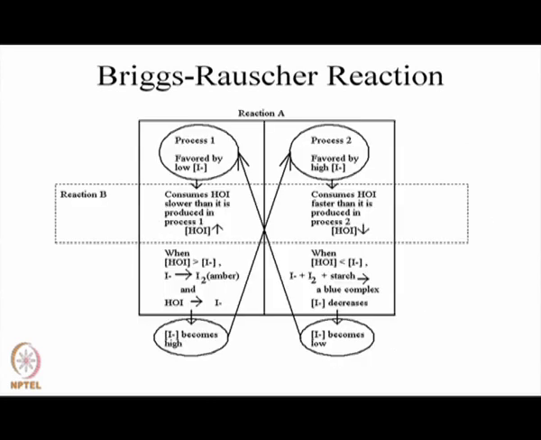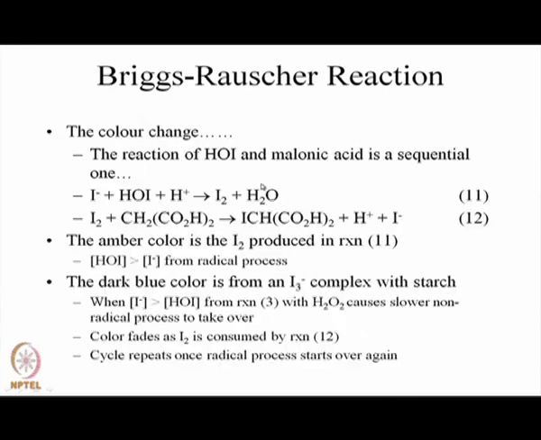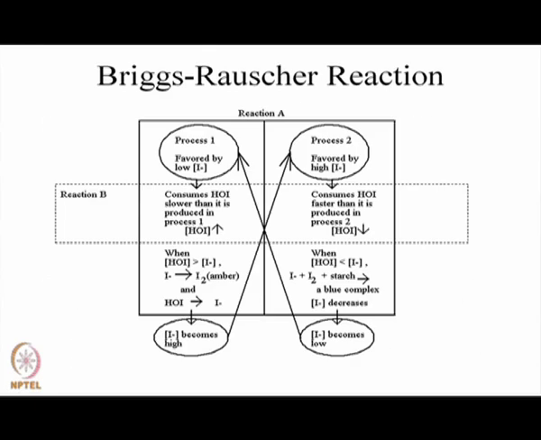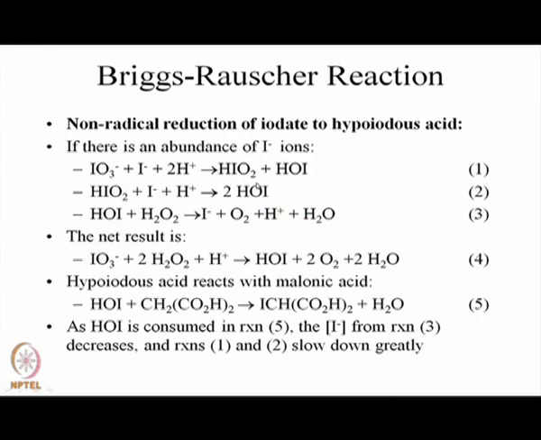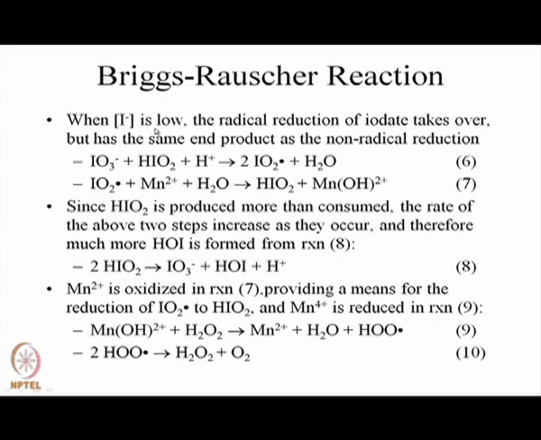So, if we look into the reaction scheme, you see that there are two processes. One is favored by low I minus. When process 1 is favored by low I minus, radical steps are prevalent compared to non-radical ones.